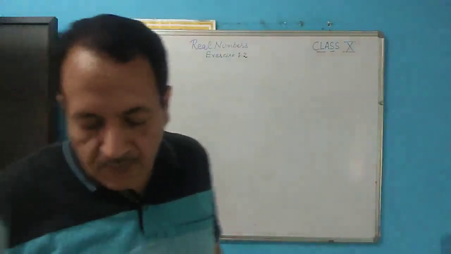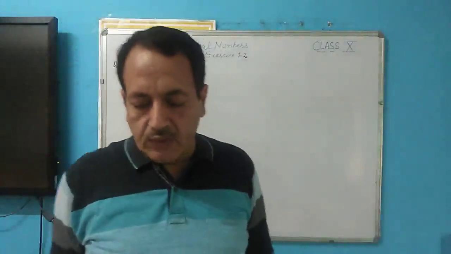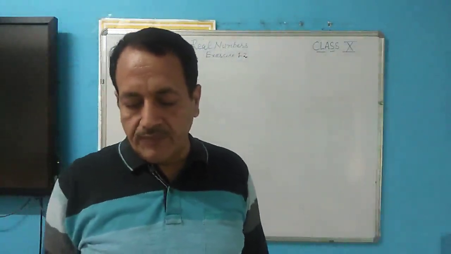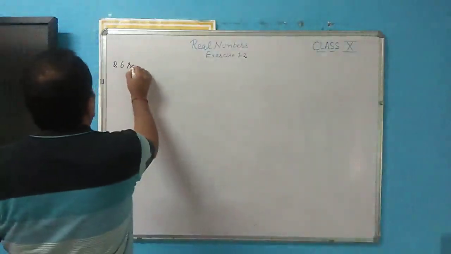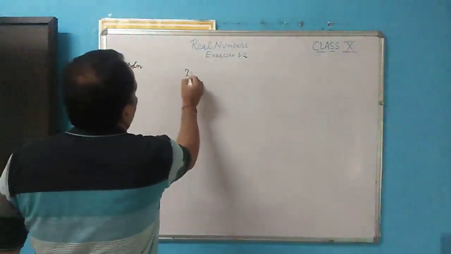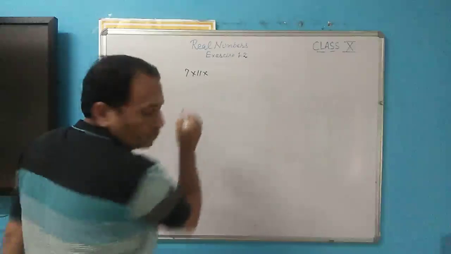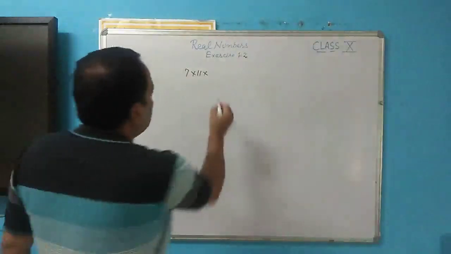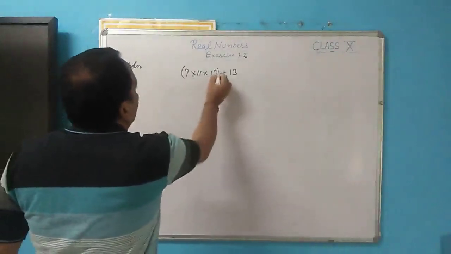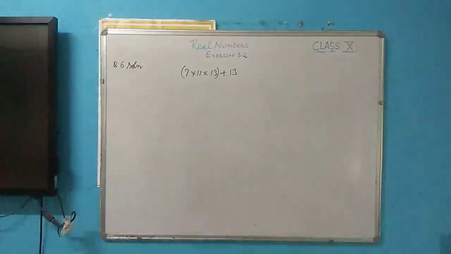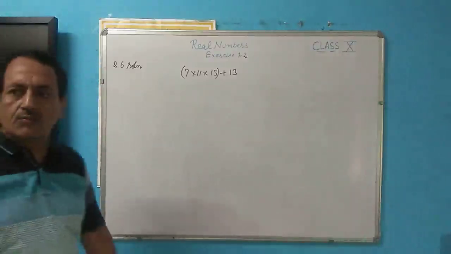Sixth question is, explain why 7 into 11 into 13 plus 13 is a composite number. So we are given a number 7 into 11 into 13 plus 13. So we have to explain this number as a composite number. So what is a composite number?